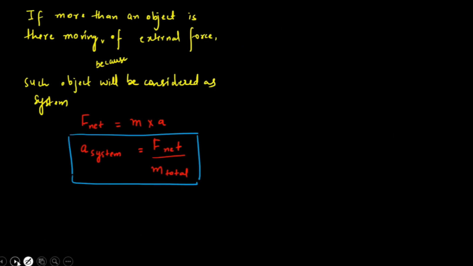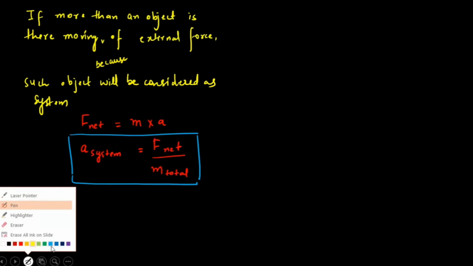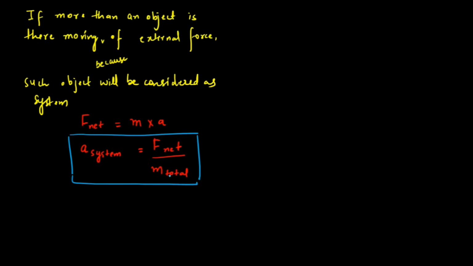Now let's talk from the perspective of motion of a particle. Suppose there is an object, and it can be in the following states. First, it is at rest.